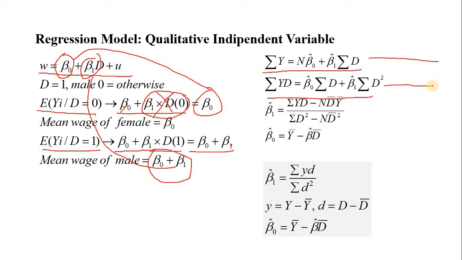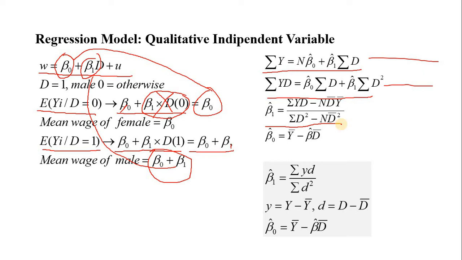If you minimize the RSS, you will get beta cap 1 as sigma yd minus n into d bar y bar, divided by sigma d square minus n into d bar square. You can also find beta cap 0 as y bar minus beta cap 1 into d bar. It's very simple.